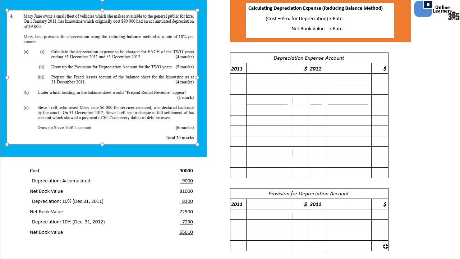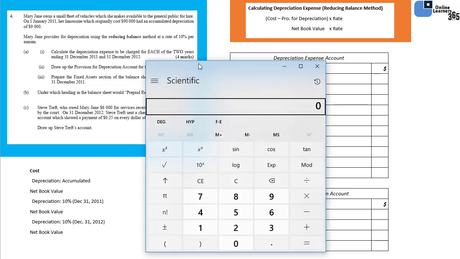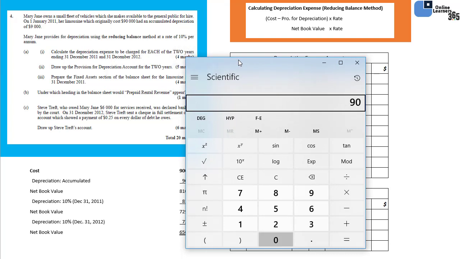Alright, so if I were to just get a calculator, we have 90,000 minus 9,000, 81,000. So the present net book value at the start of 2011 would have been 81,000.